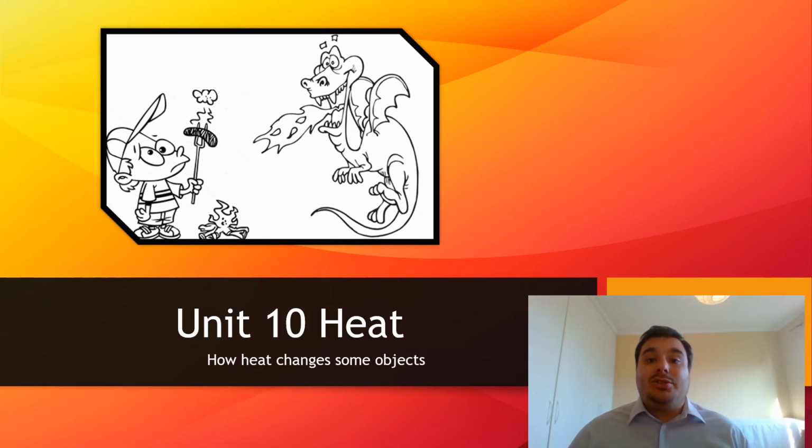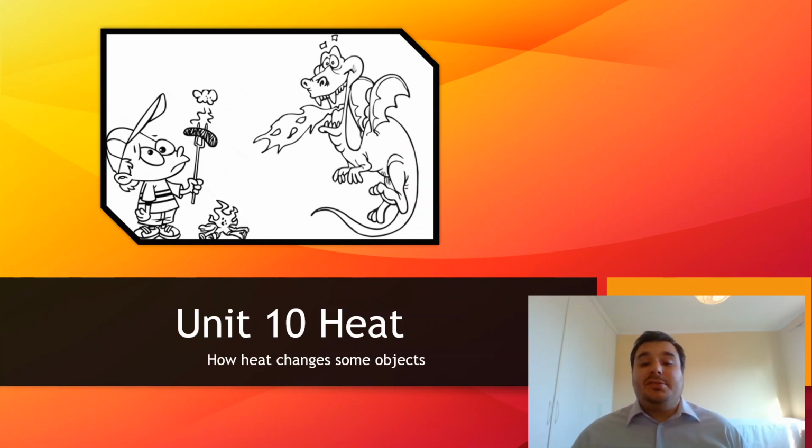Also, we talked about uses of heat. We discussed that we can use heat to cook, to warm ourselves up when it's very cold, also to change the state of matter of an object. And there are many other uses.